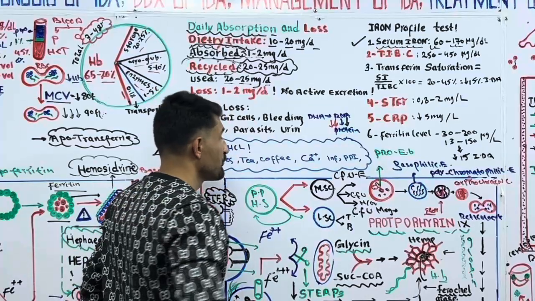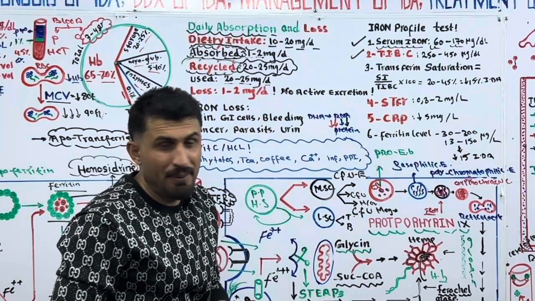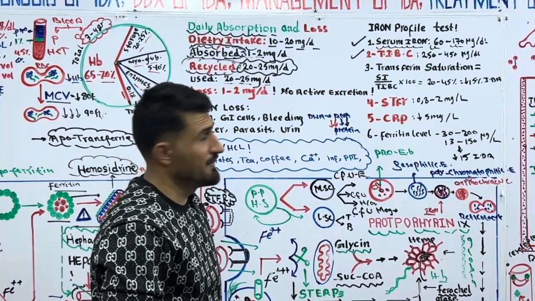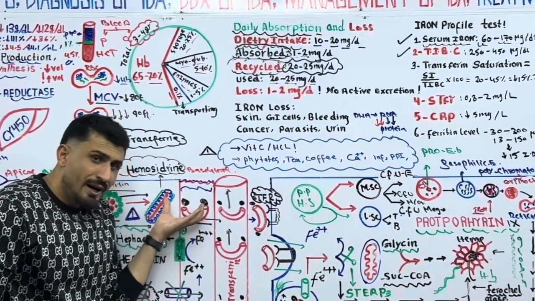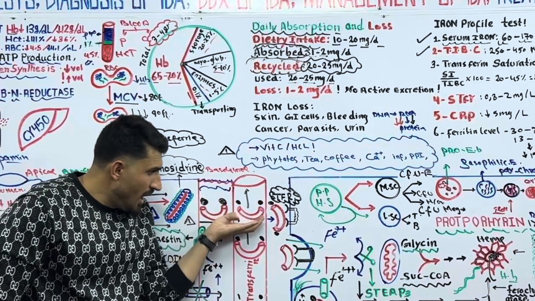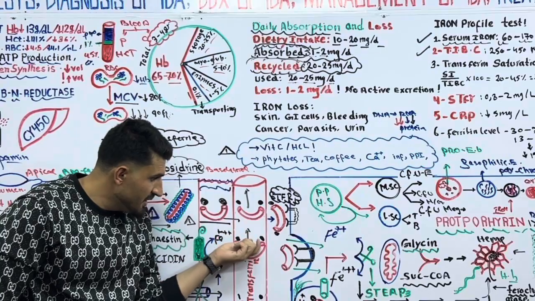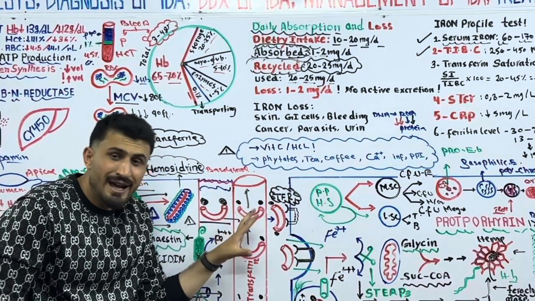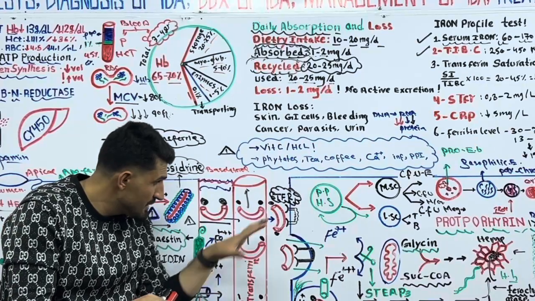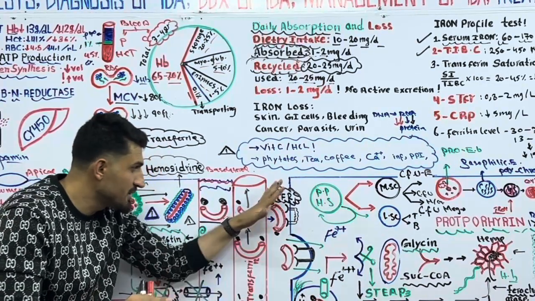But anyway, the next one is total iron binding capacity. Listen to me carefully, this is very important. When you have a high concentration of iron inside the circulation, all these transferrins will be saturated by iron. Now we have less transferrin or apotransferrin to transport iron, because all of them are saturated.